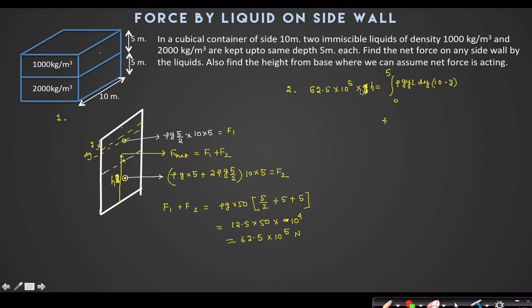And in the second case, if you take x from there, then the pressure at this point is rho g into 5 plus 2 rho g x.